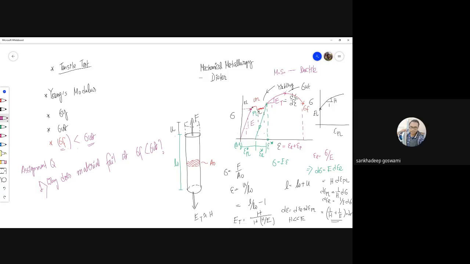I didn't get it, sir. I was thinking, why would it not regain its original length? Because it's no longer elastic. In this graph we are not showing the elastic property of this material.